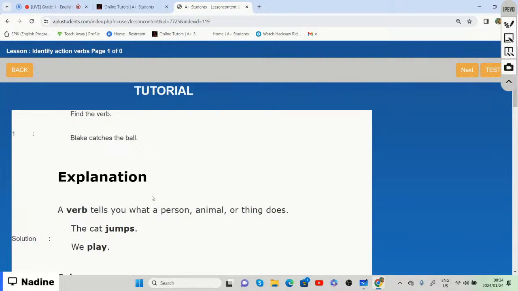So if we look at the first one, where we need to find the verb, Blake catches the ball. So what is the verb within that sentence?